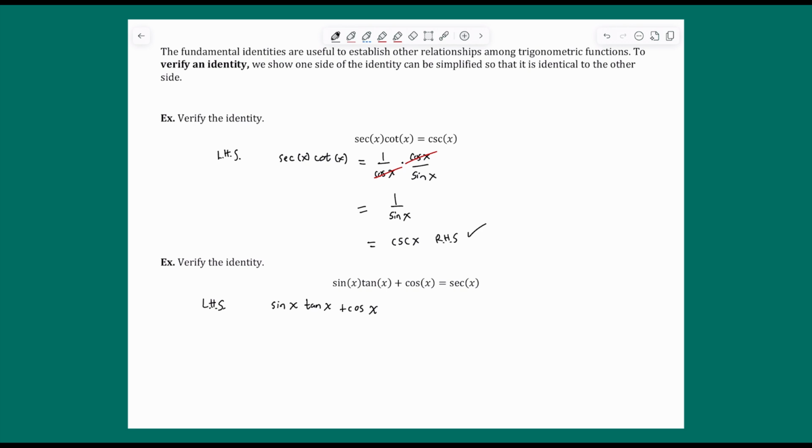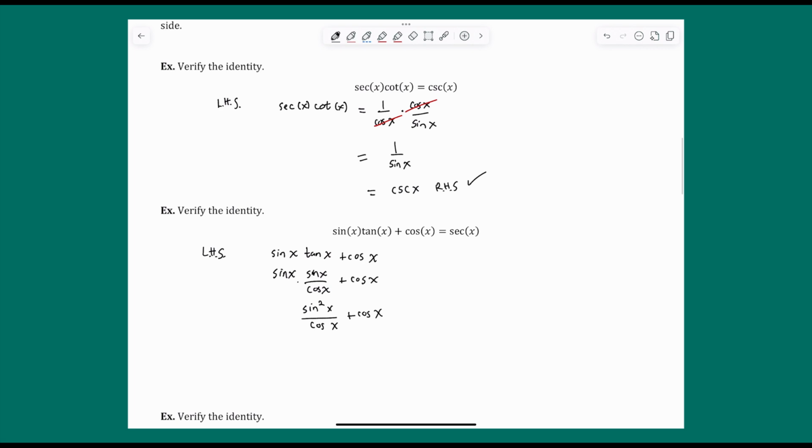Well, tangent of x is sine over cosine, so we write sine of x times sine of x over cosine of x. Then that becomes sine squared of x over cosine of x plus cosine of x.